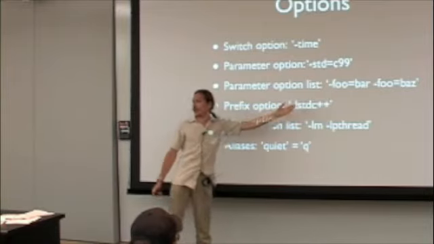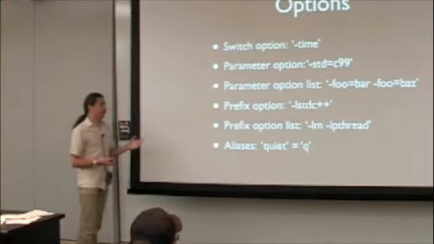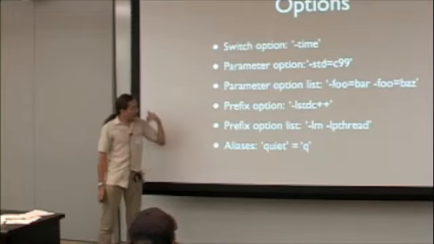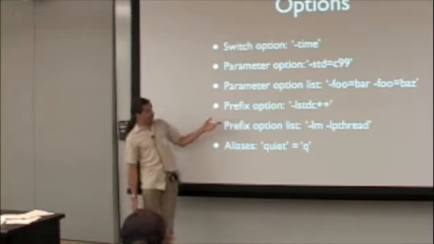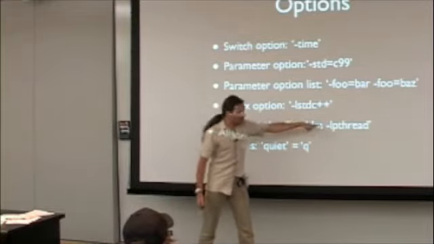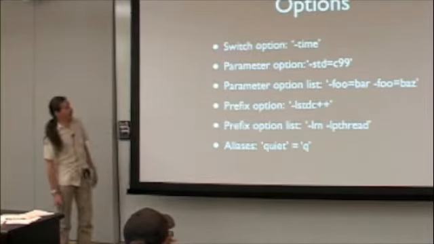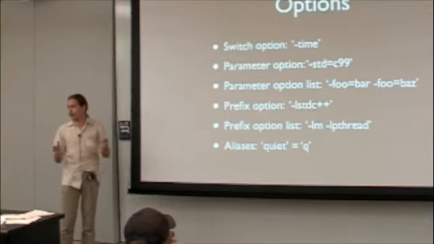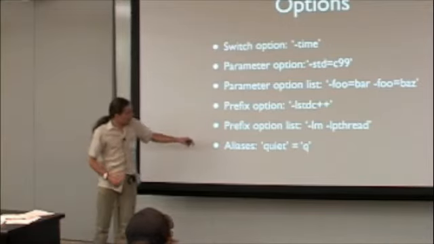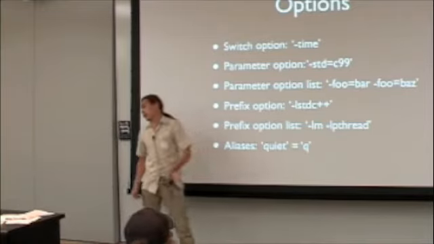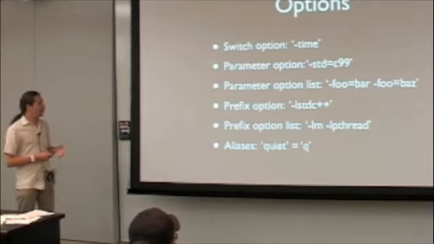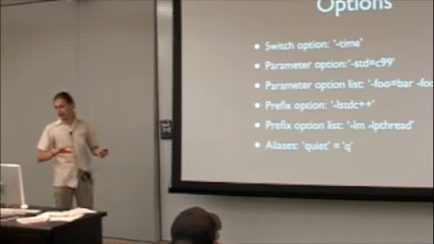They can have some delimiter, they can have a blank delimiter, and so on. The extension of this is the prefix option list, so you have the same prefix but different values. And we also include option aliases, so you can, for example, wire one option into another. It can be used to build a set of shorter options.